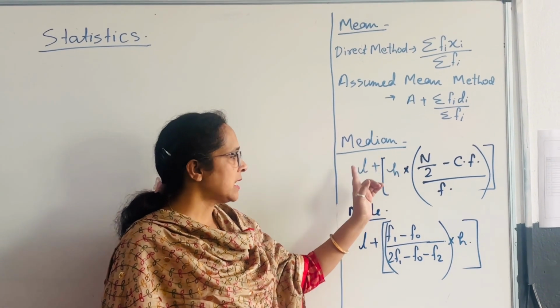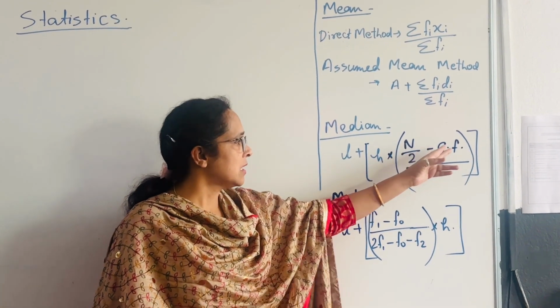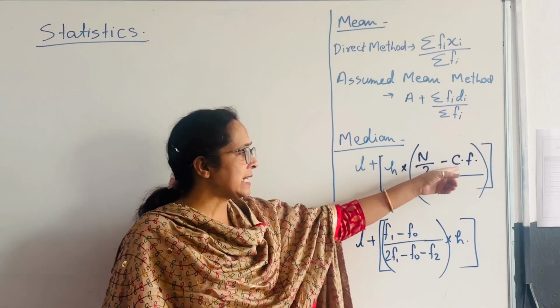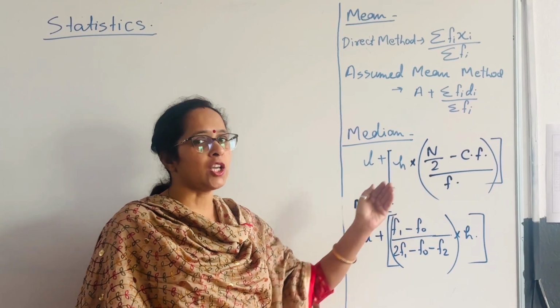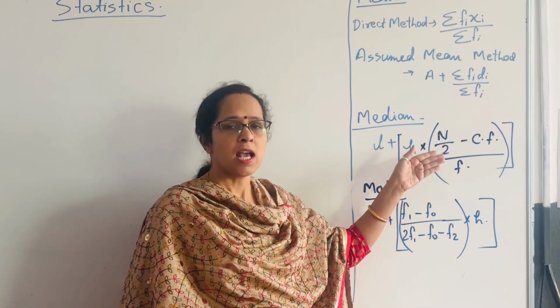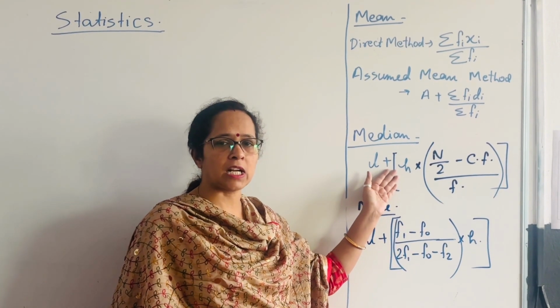Now for median, L plus h into (n by 2 minus CF) divided by f. Here CF is the cumulative frequency of the class preceding the median class. What is the median class, or the preceding class of the median class?